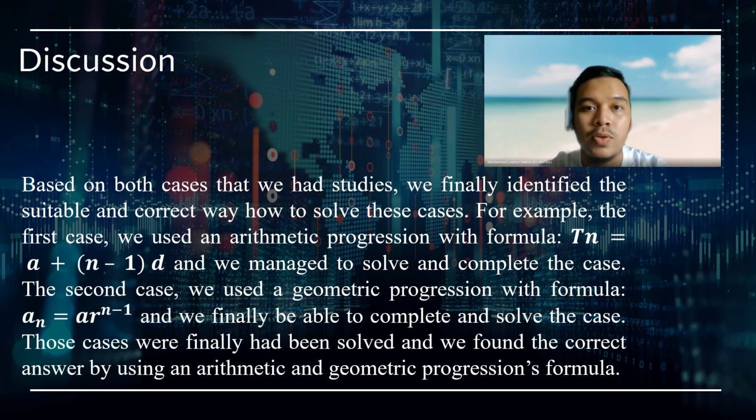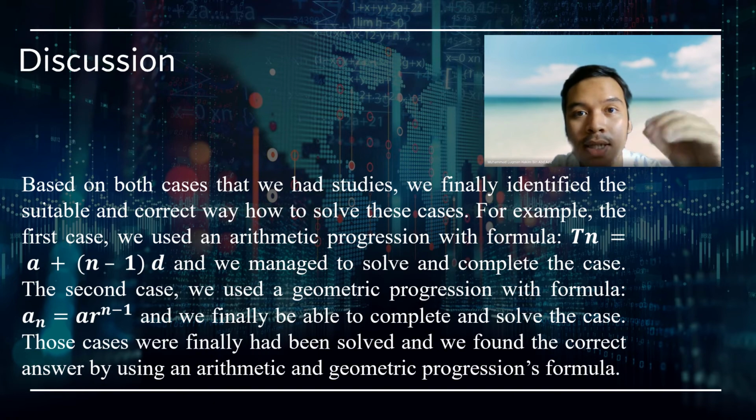Discussion. Based on both cases that we studied just now, we finally identified the suitable and correct way to solve each case. For the first case, we use an arithmetic progression with the formula T_n equals a plus (n minus 1) multiplied by d, and we managed to solve and complete the case.